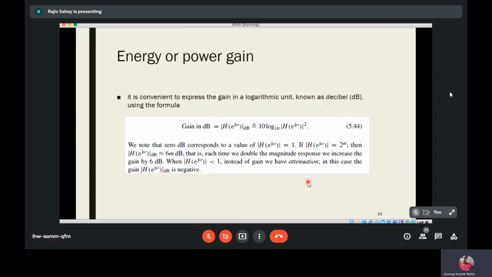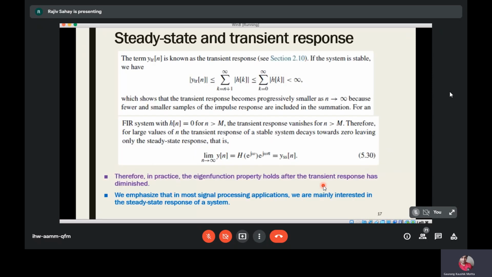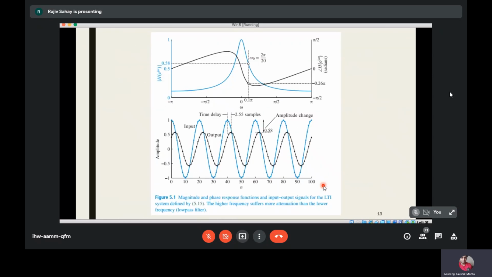Okay. So if you see our example, here mod of H of e to the j omega is equal to 1 at max. Can you all see my cursor? The max value is 1. So the gain of the filter is 0.